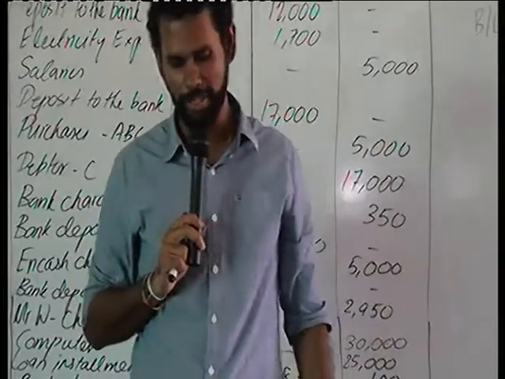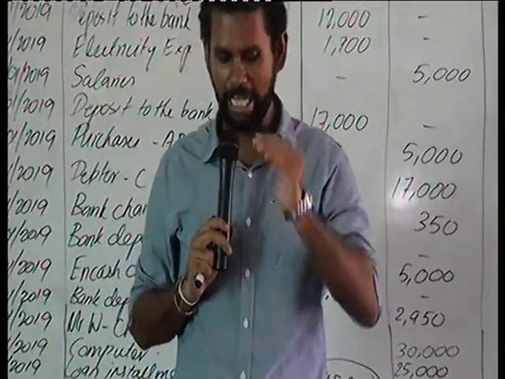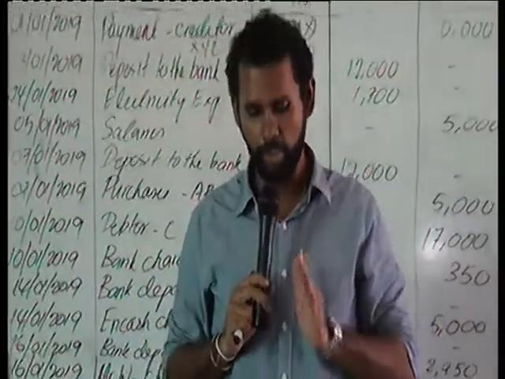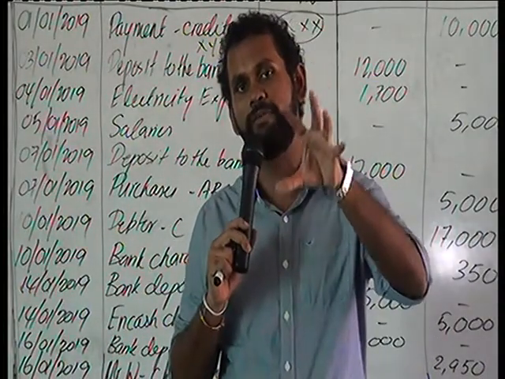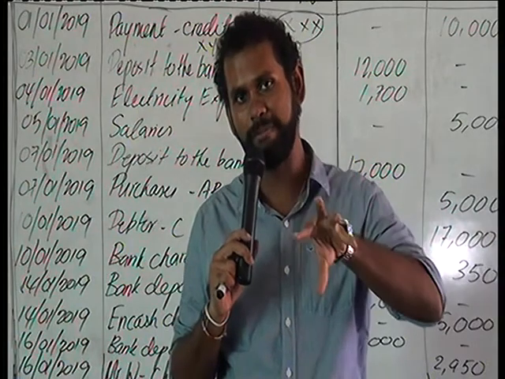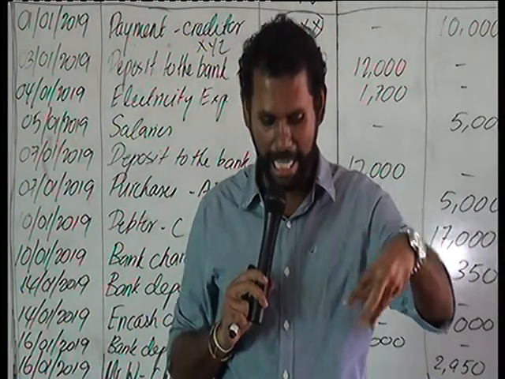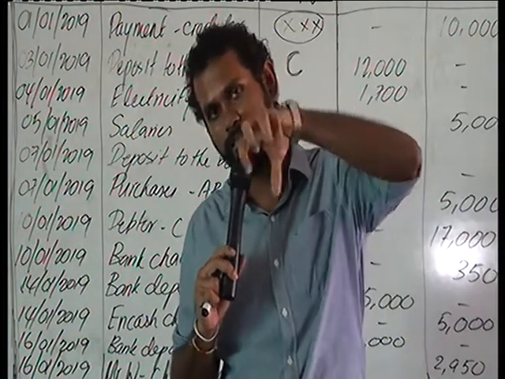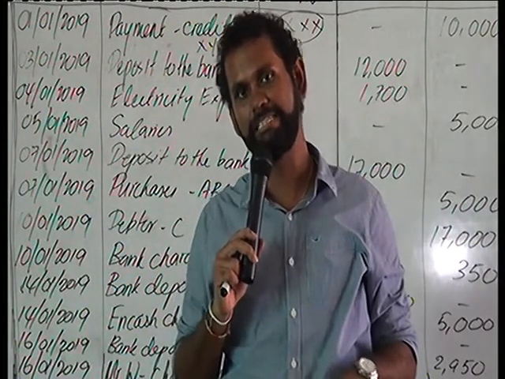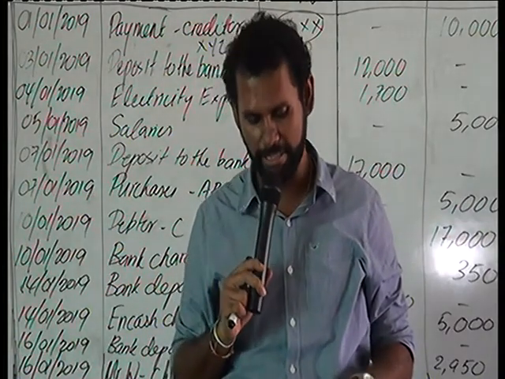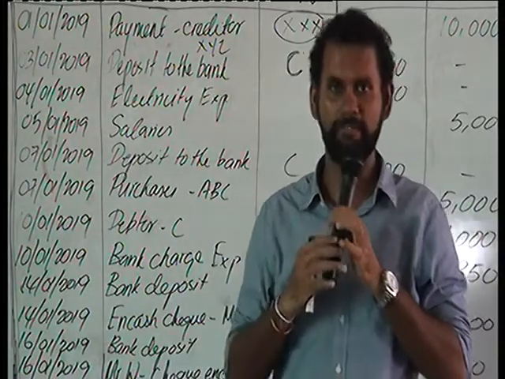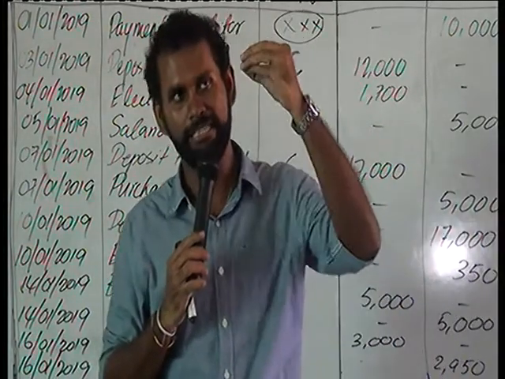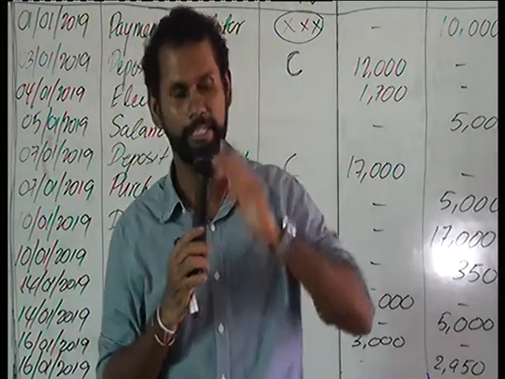You can see generally the higher balance, the fourth column: if it's an asset account, the higher balance will be on the debit side. But if it's a liability account, the higher side will be on the credit side.